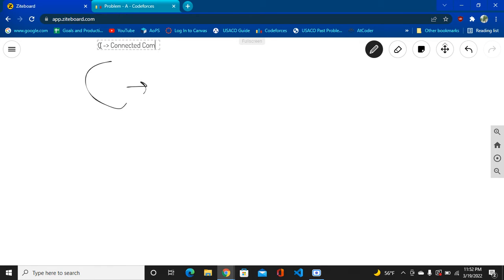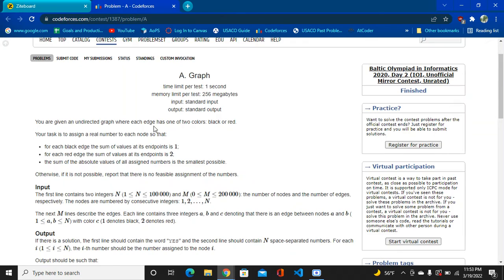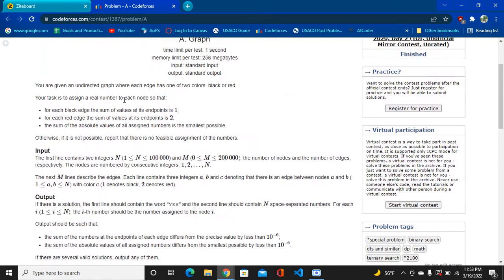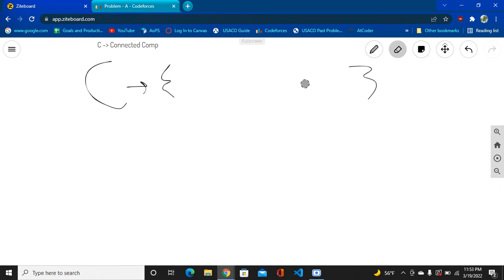Let's say we have n nodes, or technically n's already used here, so I'll just use j. Let's say we have j nodes in the connected component.